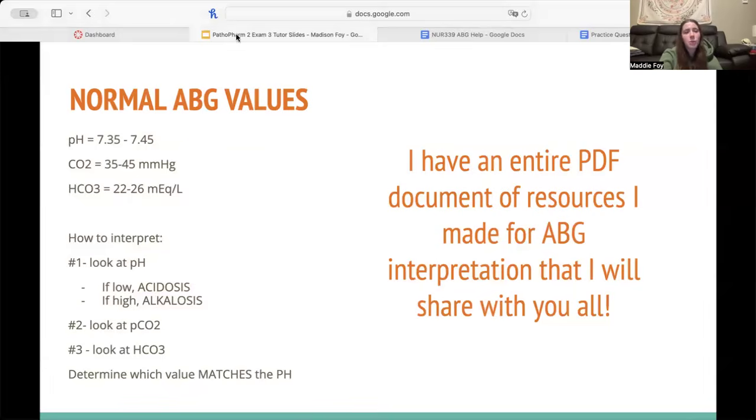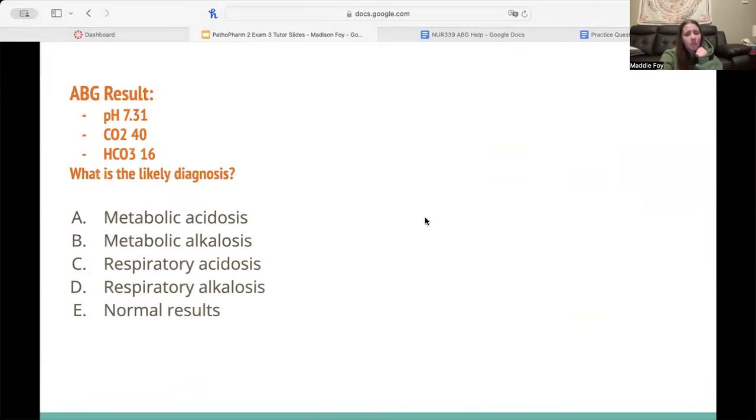So I have a few practice interpretations here. Here are your ABG results. What is the likely diagnosis? Couple different answers, but yep, that is metabolic acidosis.